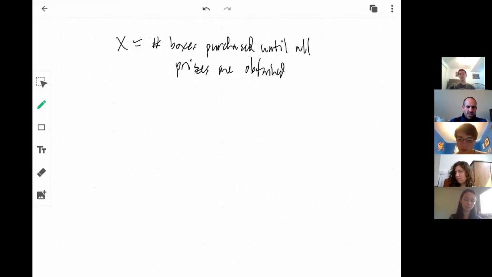Then what we want is the expected value of X. And we're doing this in the context of these sums of various things.